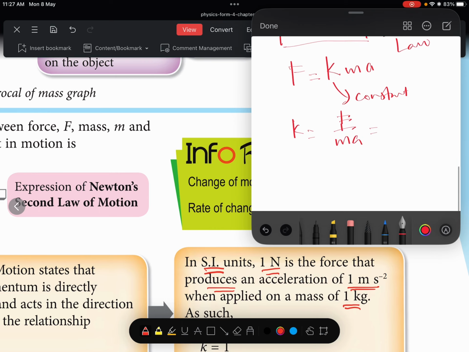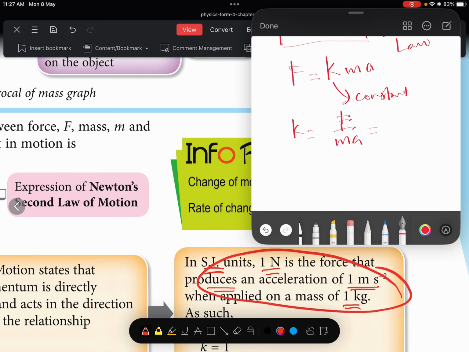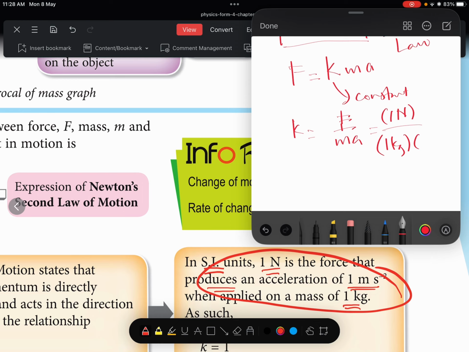Referring back to the definition, F is 1 Newton, mass is 1 kilogram, and acceleration is 1 meter per second squared.